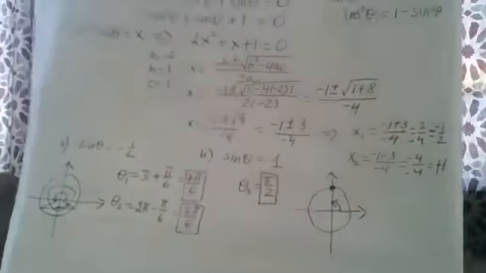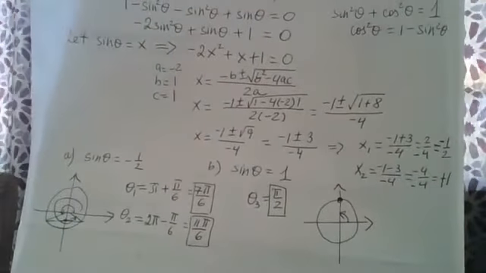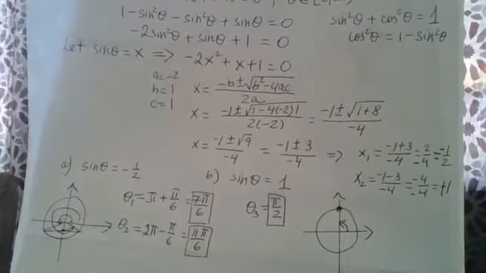And pi over 2 is also our answer. So we have here 3 solutions. Solution set has smallest angle pi over 2, followed by 7 pi over 6, and 11 pi over 6. This is our solution set.